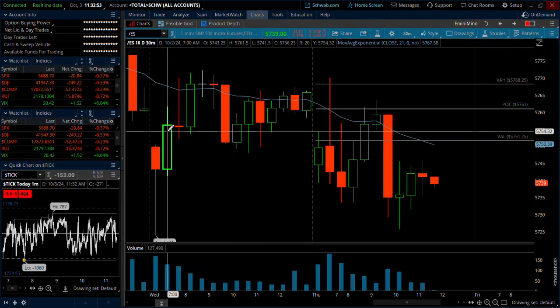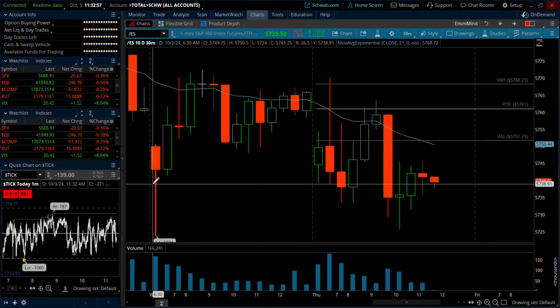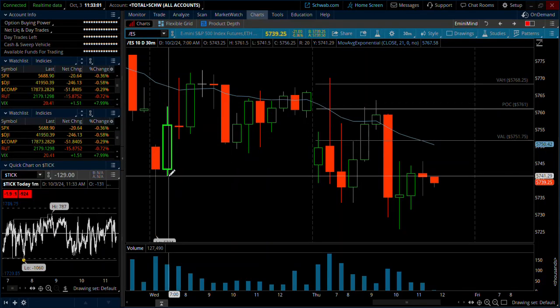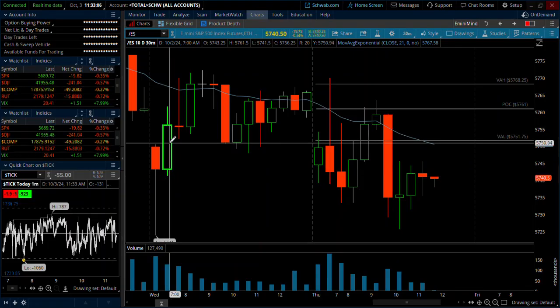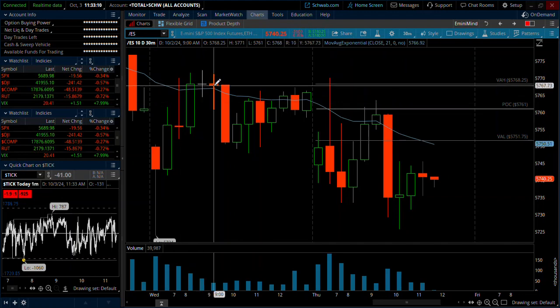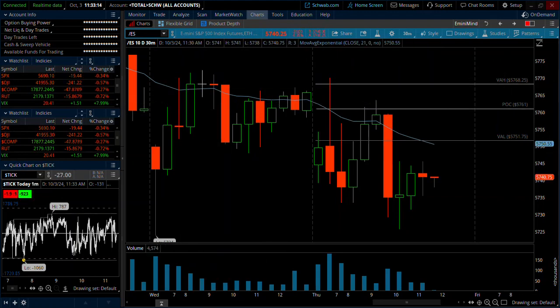Essentially, each 30-minute candle gets a letter. So we start with A for the first 30 minutes, B for the next 30 minutes, and every price that we trade at gets a letter for that 30-minute interval. Then when you get to the end of the day, you have all these columns of prices, and if you smush them to the left, you will get various triangle shapes, and those are the profiles.